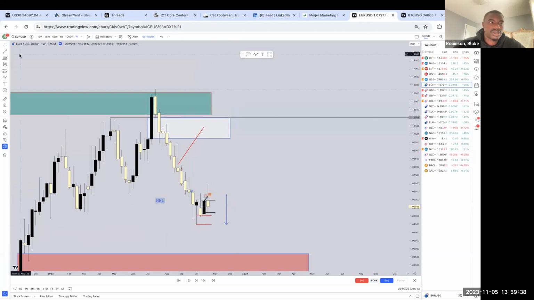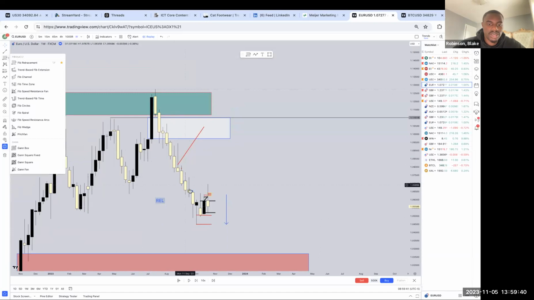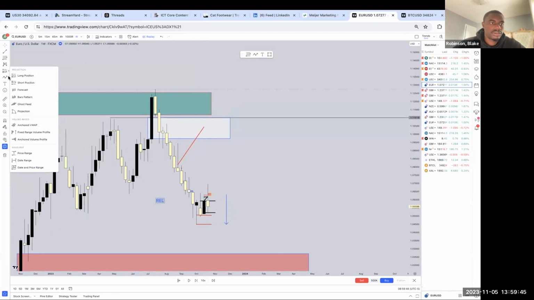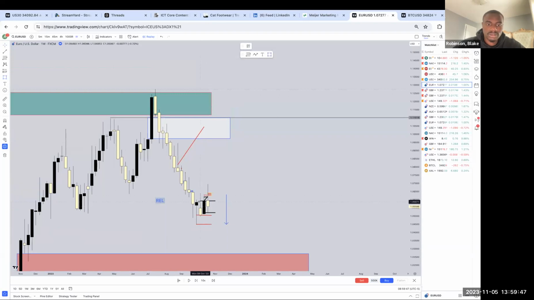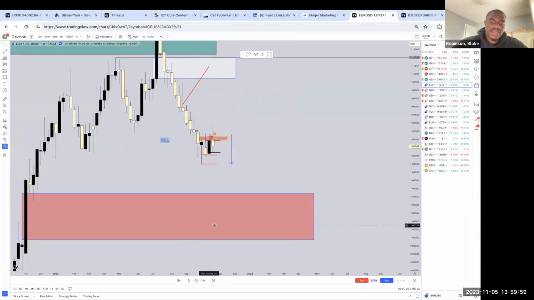And we had respected this fair value gap on the weekly time frame, right? So that SIBI, or sell side imbalance, buy side inefficiency. I wanted to see price continue to trade lower and really go towards this fair value gap that we have been calling out for the past, I don't know, few weeks, months.